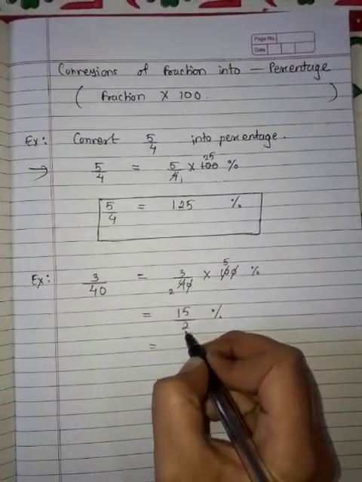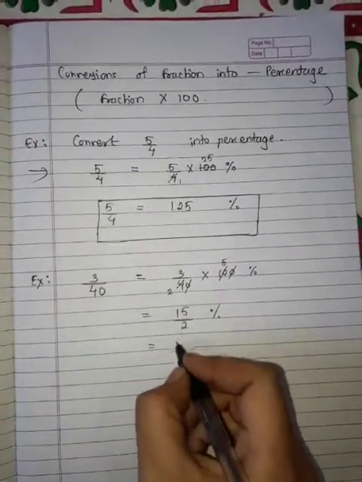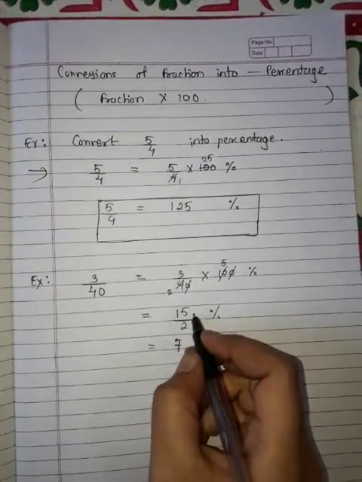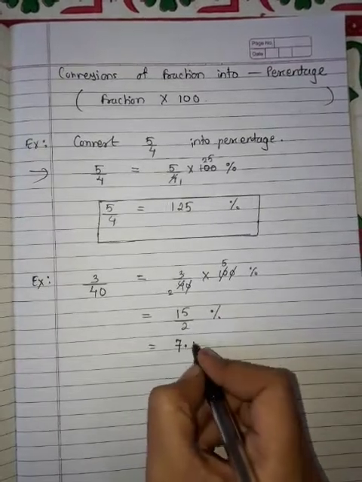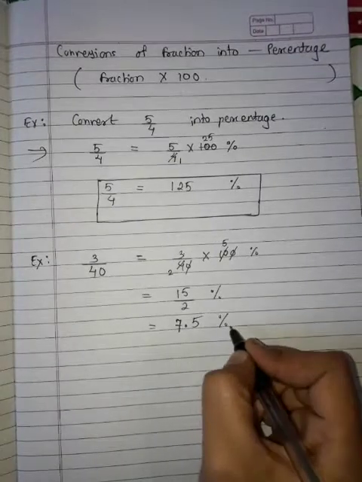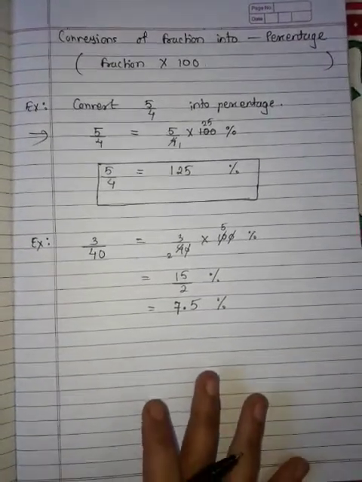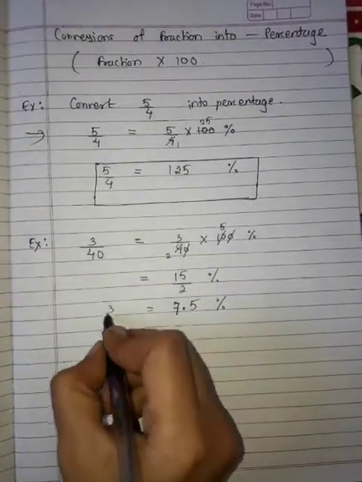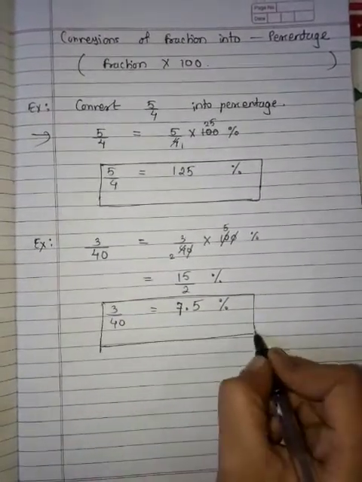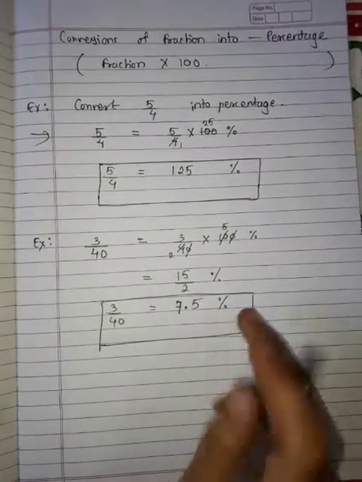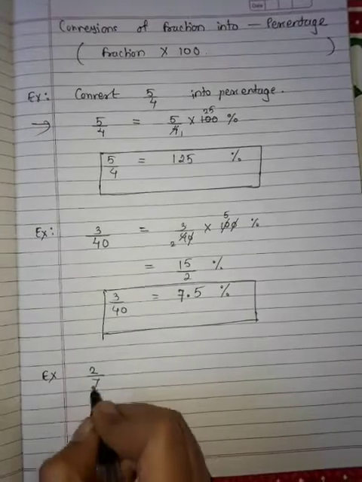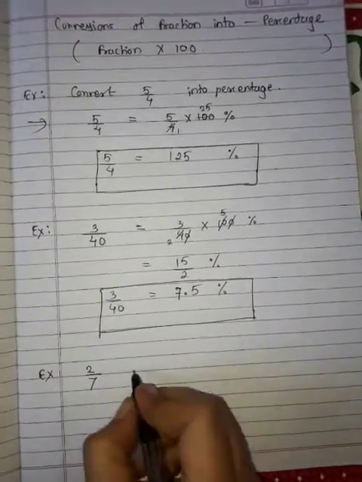Again you can solve 15 by 2. 2 sevens are 14, remainder is 1, and it gives 2 5s are 10. So 15 by 2 means 7.5%. So this fraction 3 by 40 means 7.5%.